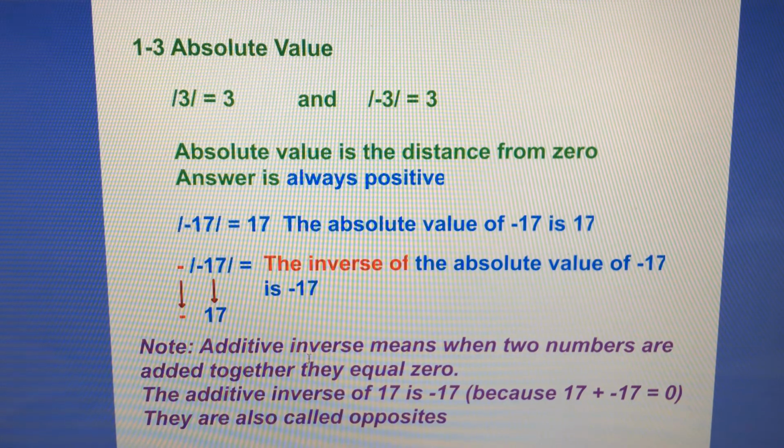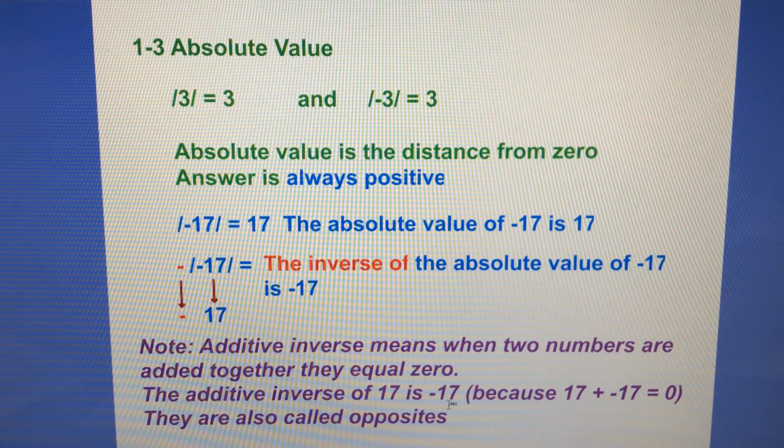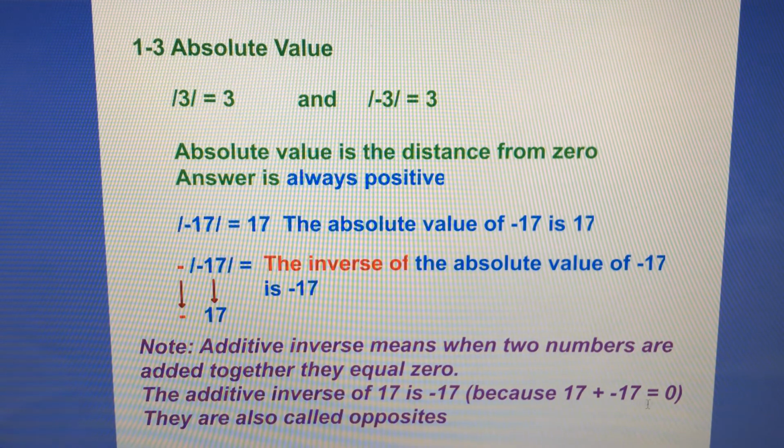Vocabulary. Additive inverse means when two numbers are added together, they equal 0. The additive inverse of 17 is negative 17, because when I add 17 plus a negative 17, I get 0. They are also called opposites.